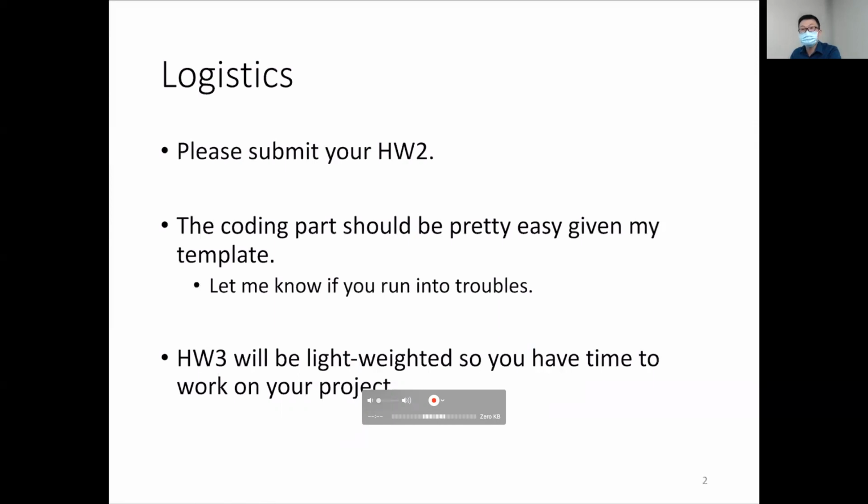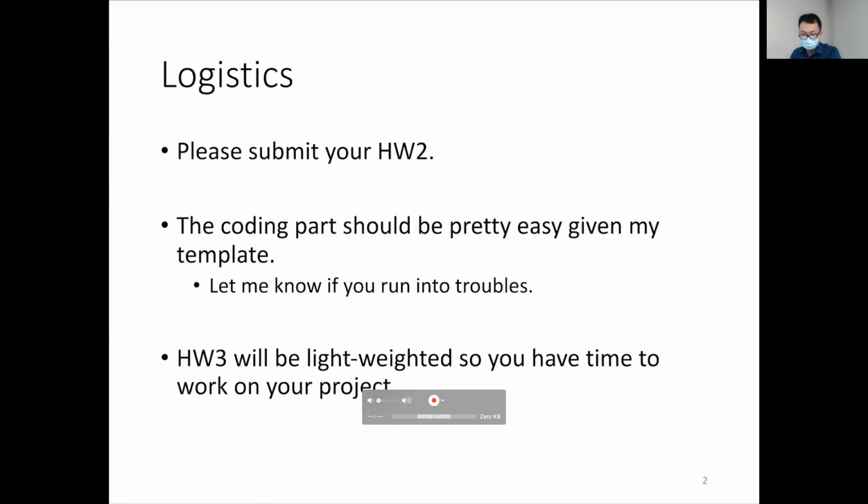The coding part in particular, after I provided that template, should be just a straightforward slot fill-in. Just implement a small part of the code and then everything should run. If you run into trouble with that, please let me know. And if you spot any issues in the code template, or observe something that doesn't quite make sense, please also alert me.